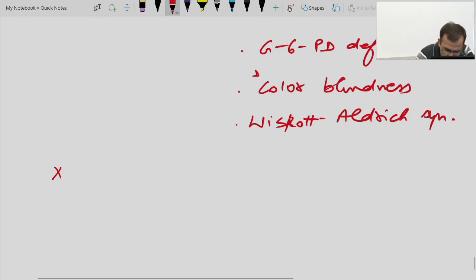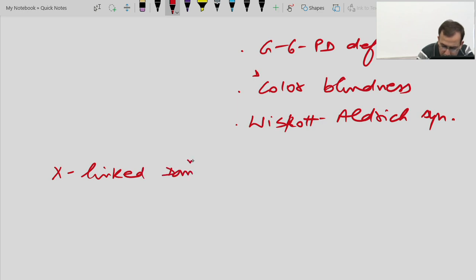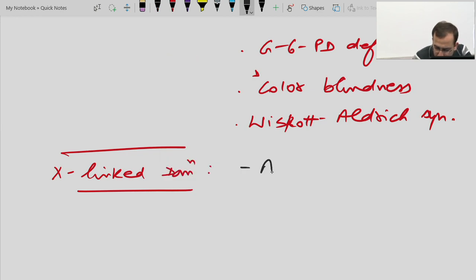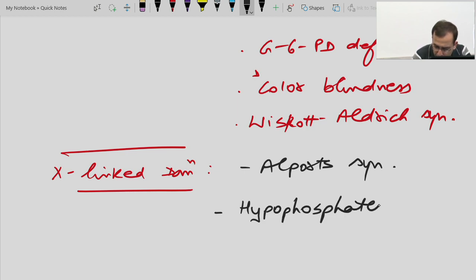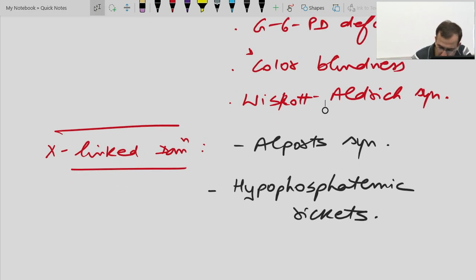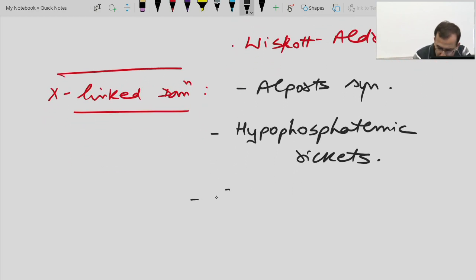Versus the X-linked dominant diseases, which are three: Alport's syndrome, next, hypophosphatemic rickets, or the vitamin D resistant rickets, and the last is Charcot-Marie-Tooth disease.